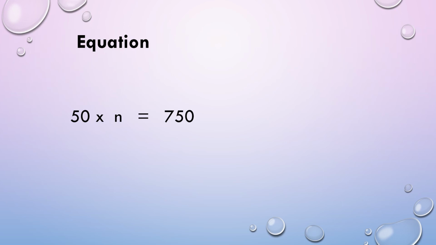Such an equation is called an equation with variable or algebraic equation. In this equation, we have expressions: 50 into n is on the left hand side and 750 is on the right hand side. There is an equality sign between LHS and RHS.